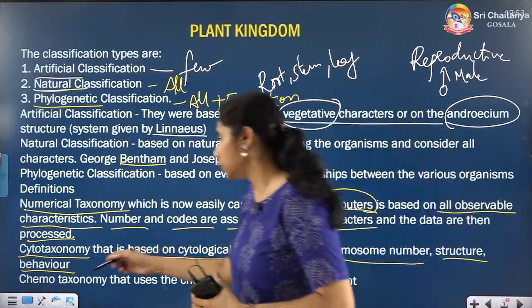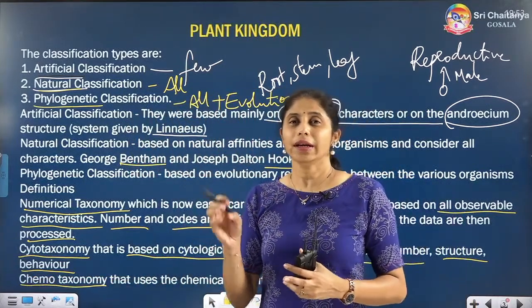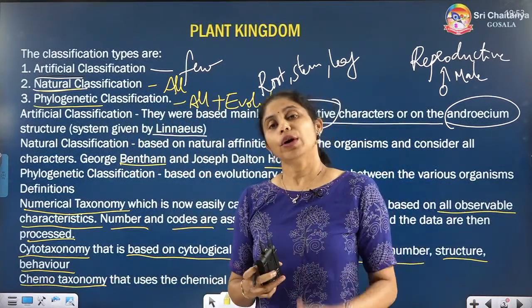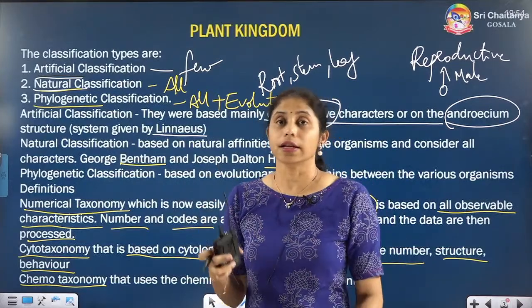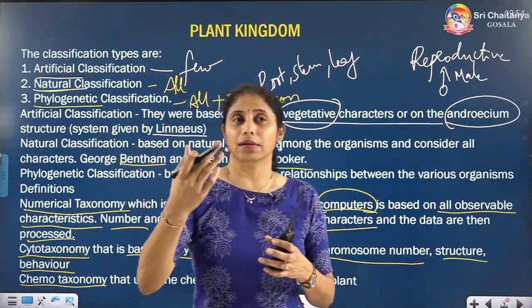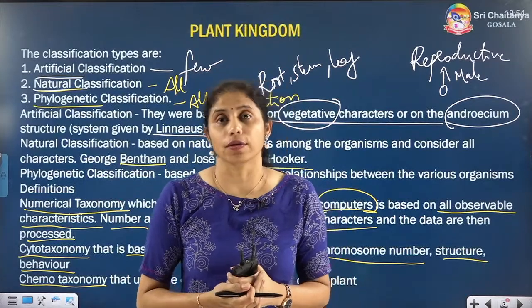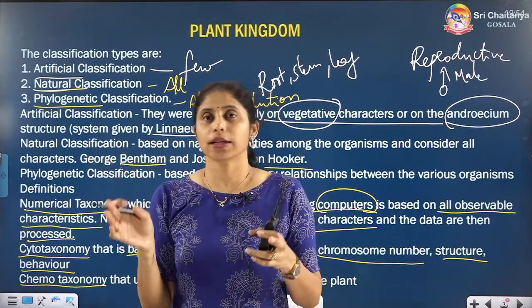Then the last definition, chemotaxonomy. Chemo means chemicals, basically chemicals. In the cell cytoplasm, we have so many chemicals, like I told you in the previous class, biomolecules. Carbohydrates, proteins, all of them will be there in the nucleus and cytoplasm.